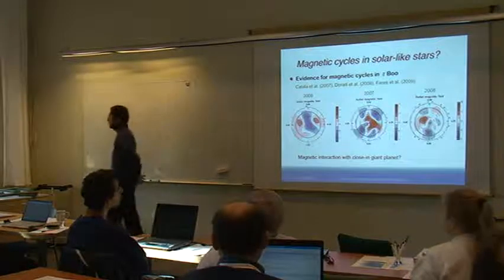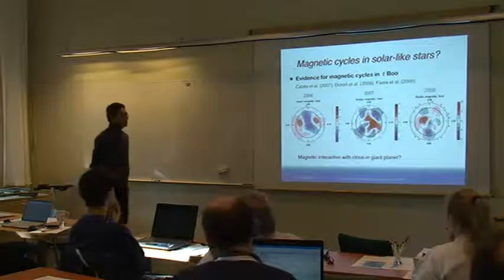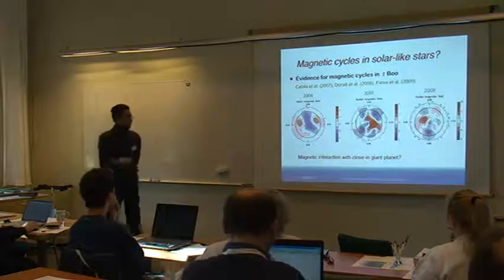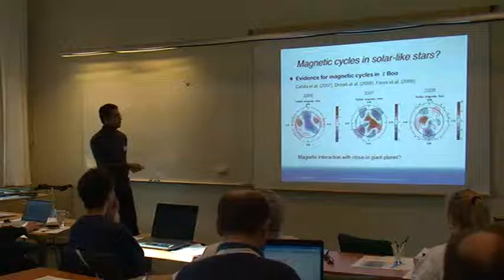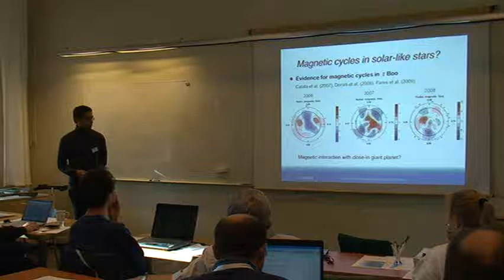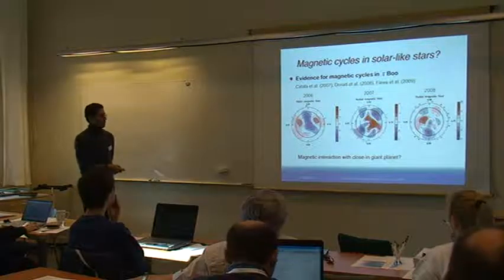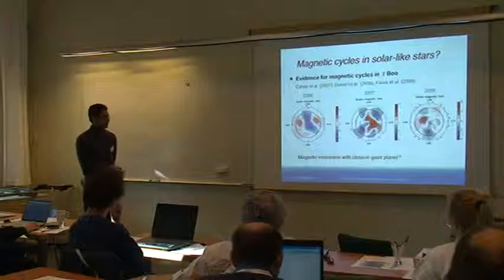And for Sun-like stars, there are now also claims of observations of magnetic cycles, and these claims look like this. So people, for instance, reconstructed the magnetic field on Tau Boo, the well-known exoplanet host star, and these are the maps of radial magnetic field for different years.